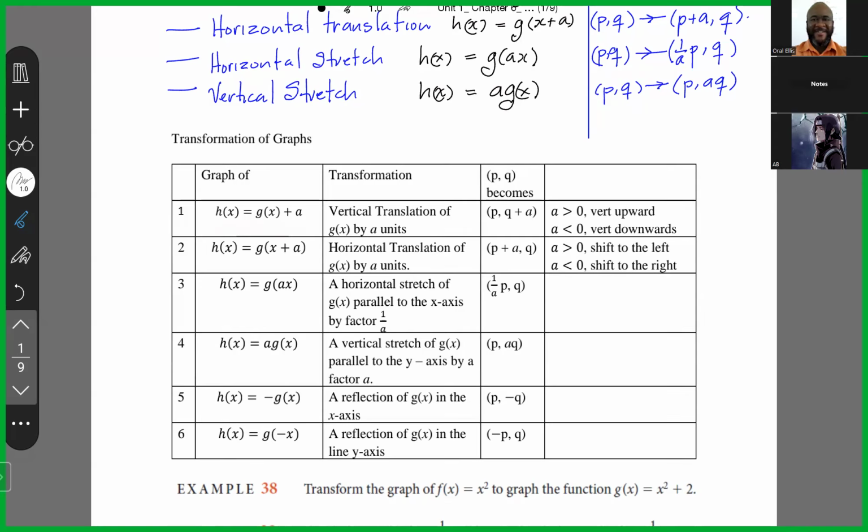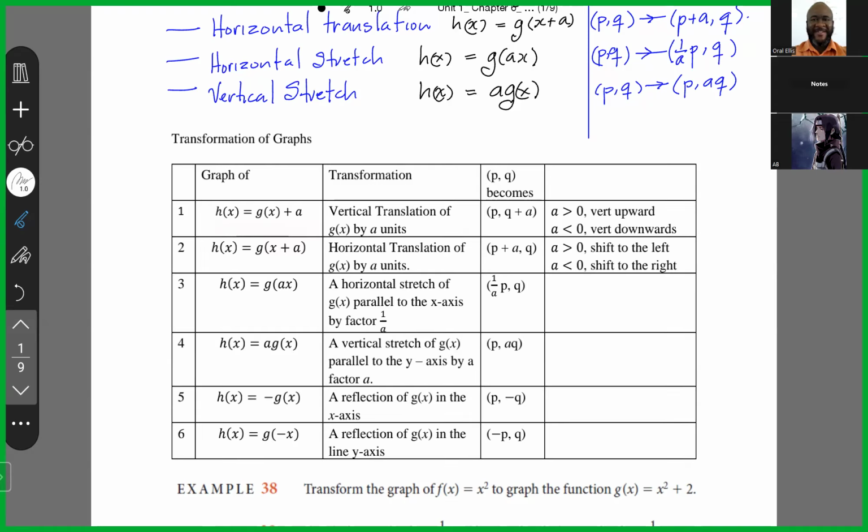So in other words, I can get the graph of g of x plus a from the graph of g of x by moving the graph of g of x either vertically upwards or vertically downwards. So h of x is equal to g of x plus a is a vertical translation of the graph of what? g of x by a units.